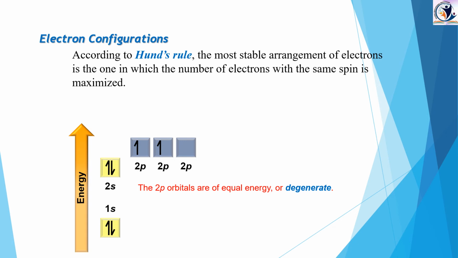Suppose we are looking for a house: we will see the first house, then we'll go to the next house, then the next house. In a similar way, these degenerate orbitals have equal energy.